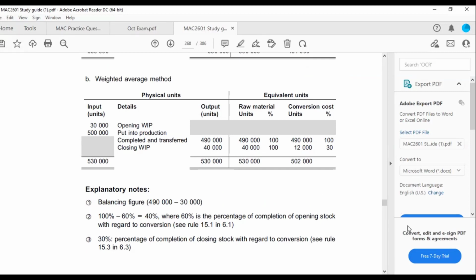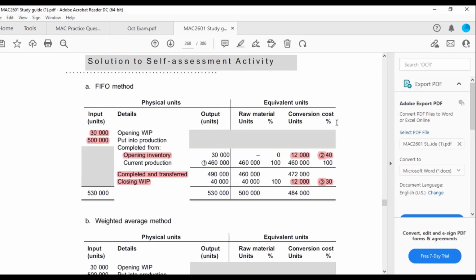Sorry, is there an easier way? You see, what happens is that we normally get confused when we try to move from output units to equivalent units. Would it be better to complete your output units reconciliation first before you expand to your equivalent units? What works for you?